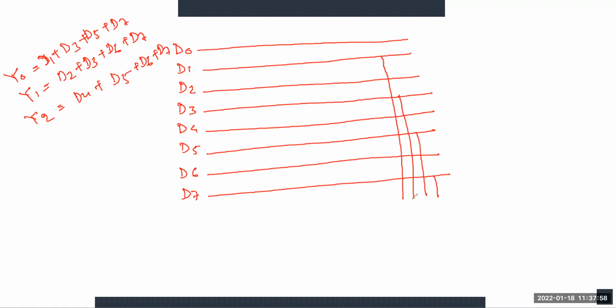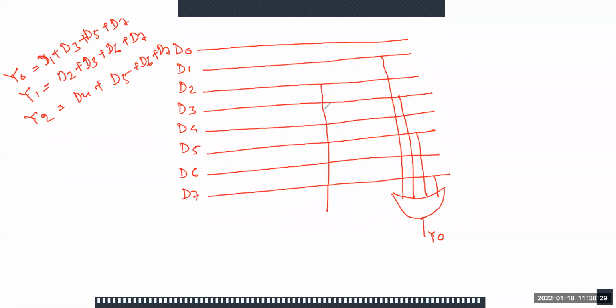So this is Y0. For the case of Y1, that is D2, D3, D6, and D7. And next is 4, 5, 6, and 7 for Y2.